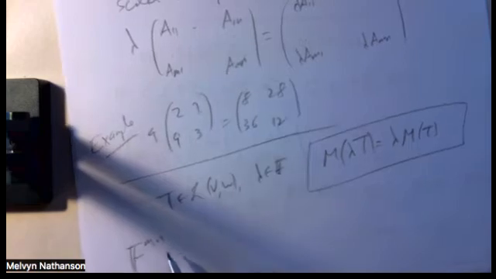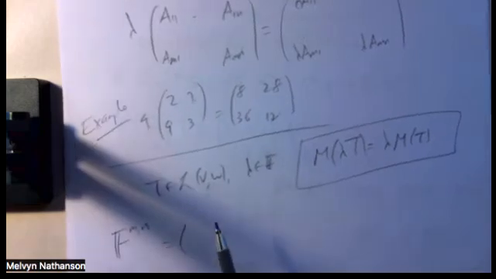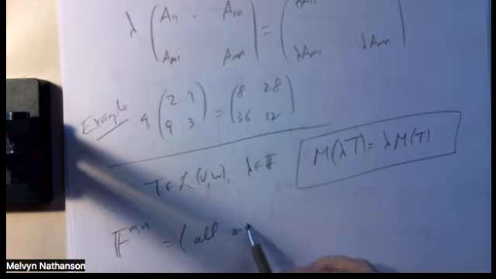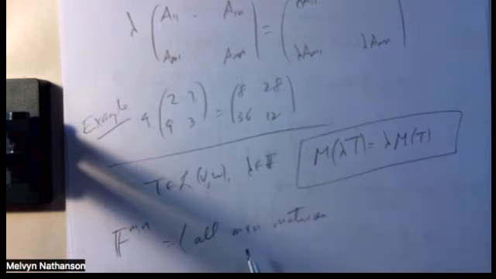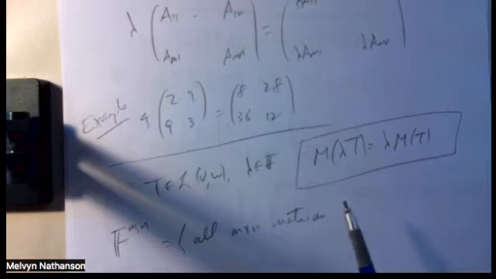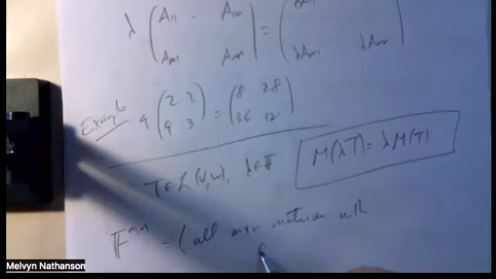And F^(m×n) is the set of all m by n matrices. This always means m rows, n columns, all m by n matrices with coordinates, the entries of the matrix.